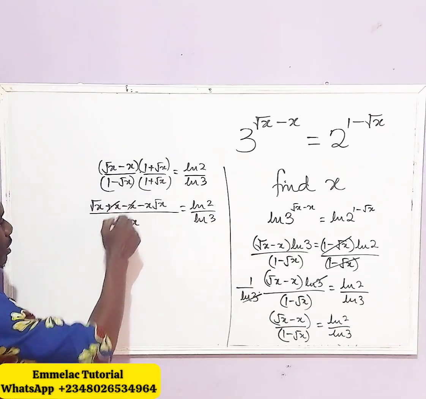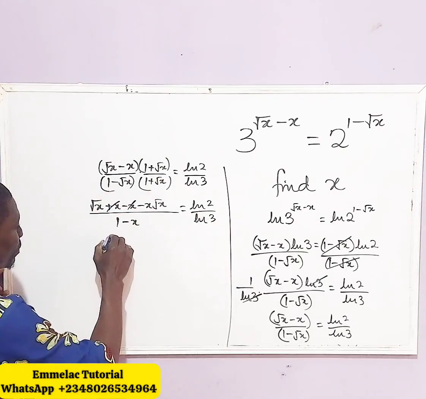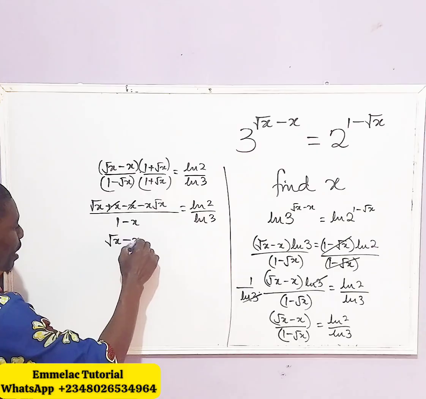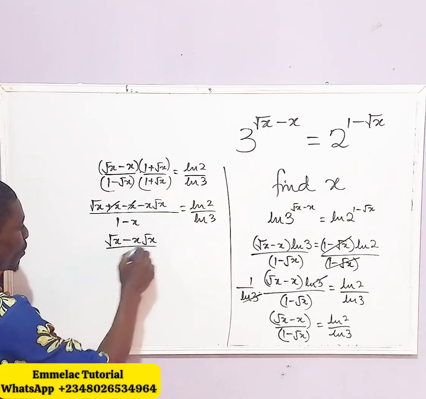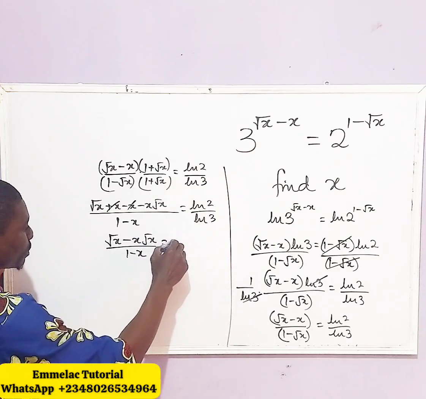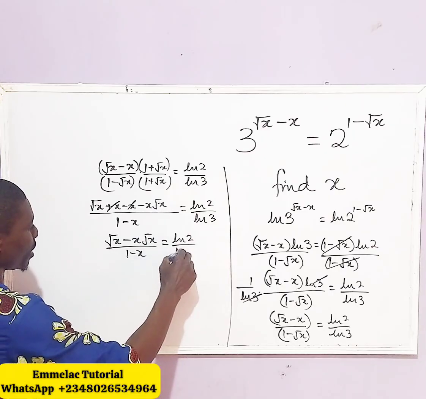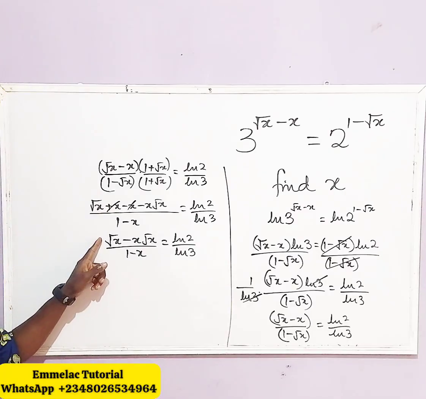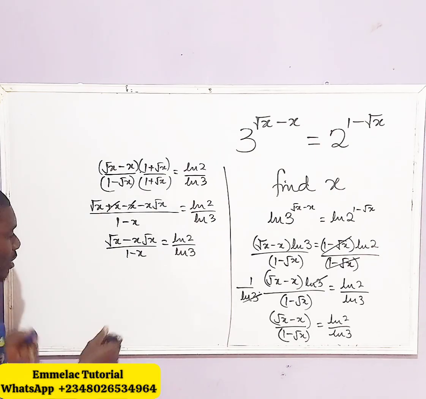Now this eliminates this, and we are left with the root of x minus x the root of x all over 1 minus x equals ln 2 over ln 3. From the numerator on the left hand side, we see we have a common term, the root of x. Let us factor that out.